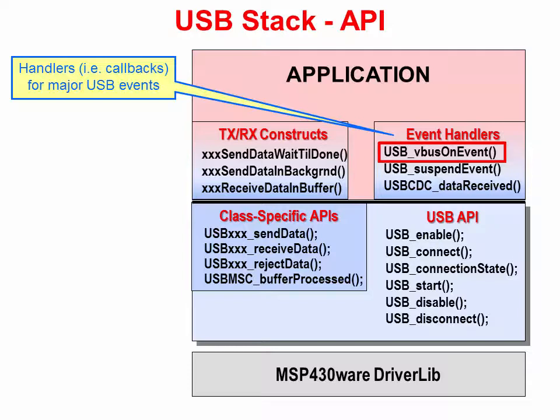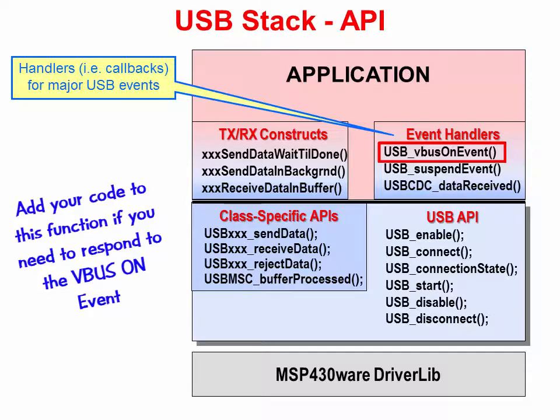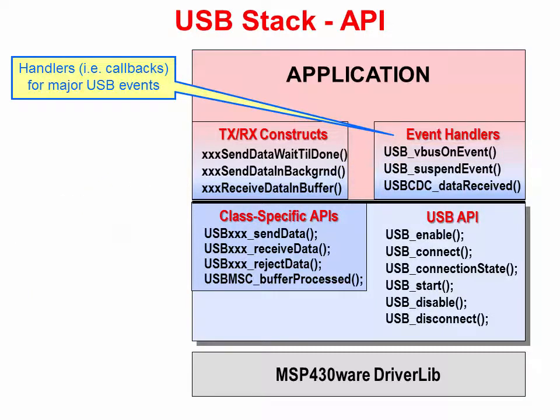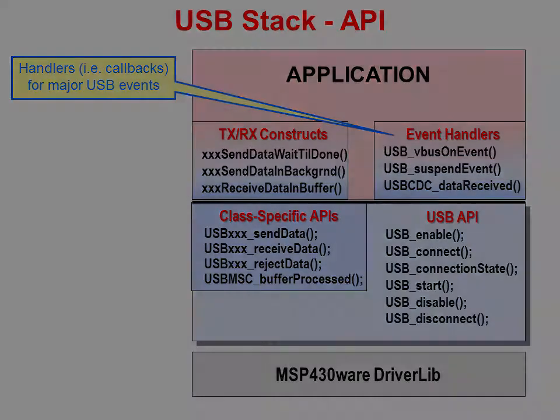While "ask" isn't really the right way to put this, what they'll do is run the USB_VBus on event handler function. If you want something done, edit that function by adding your code to it. By the way, they provide you with an empty function in the USB app folder. Another example might be the USB suspend event. This function will get run if the USB host ends up suspending your device.